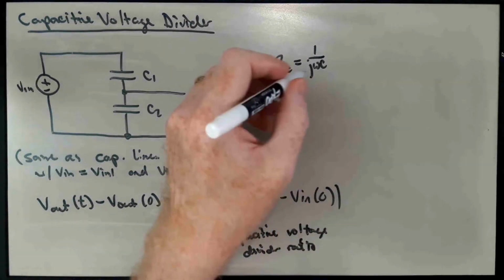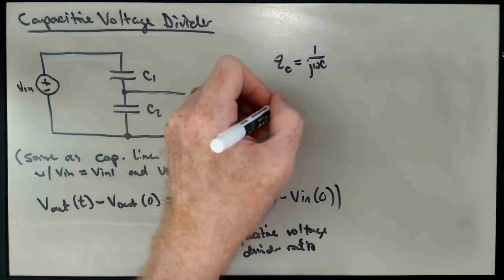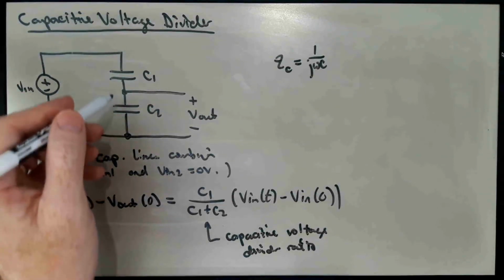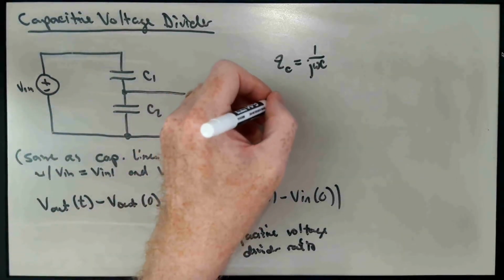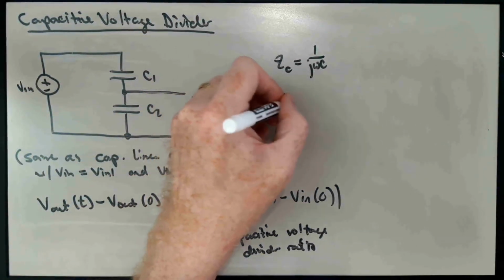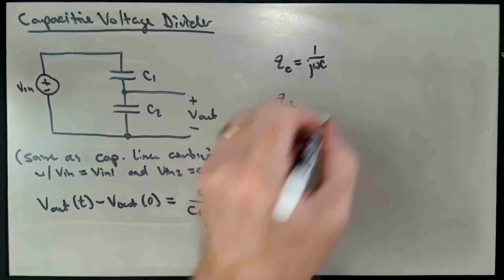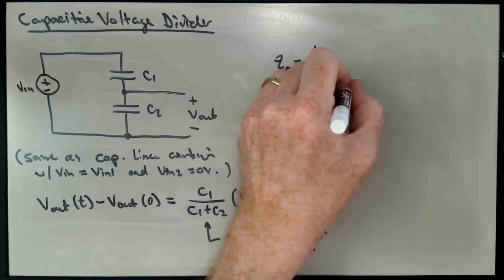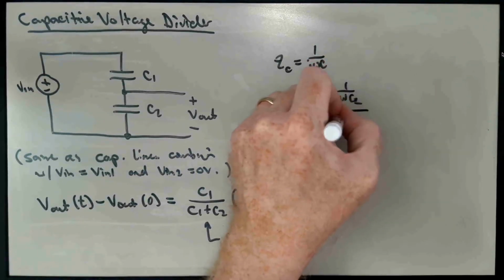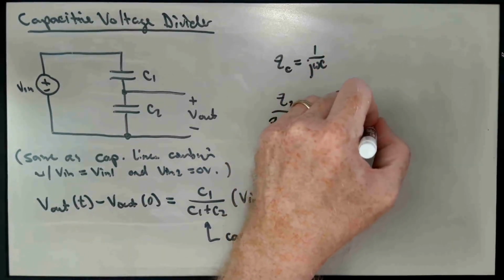And so if we think of this in terms of impedances, the voltage divider in terms of the impedances would be Z2 over Z1 plus Z2, where Z2 is 1 over j omega C2 over 1 over j omega C1 plus 1 over j omega C2.